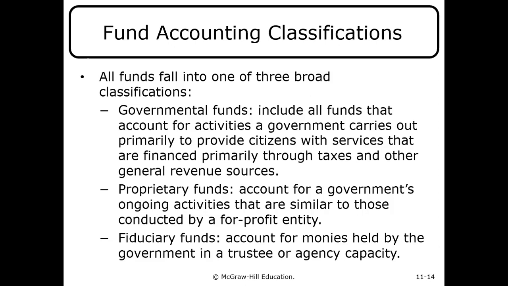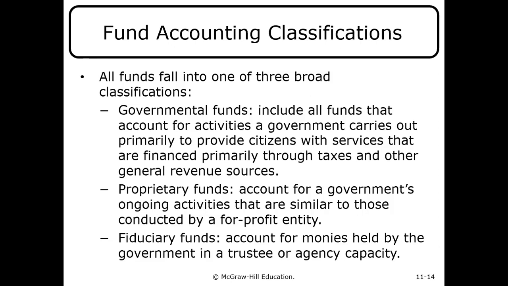Another type of fund, proprietary funds. Now, these account for the government's ongoing activities that are similar to those conducted by a for-profit entity. So this fund type encompasses operations that assess a user charge, so that determining profitability or cost recovery is important, like a business.